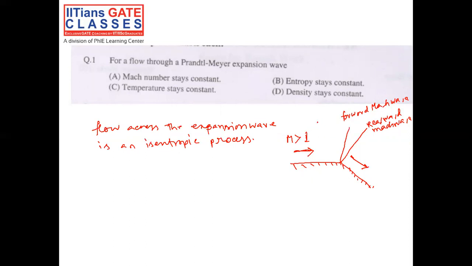Suppose this is the upstream condition, which is denoted as 1, and this is the downstream condition of the expansion wave, which is denoted as 2. And the properties are as follows: T1, rho 1, M1, and T2, rho 2, M2, right? So as the process is isentropic, the entropy remains constant across the expansion wave. So entropy remains constant, first point.